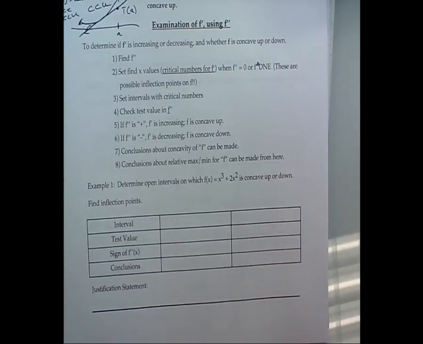Does that make sense? It has impact on that function, but the critical numbers are of the first derivative because it only goes one generation back. Are you okay with my analogy? Okay.